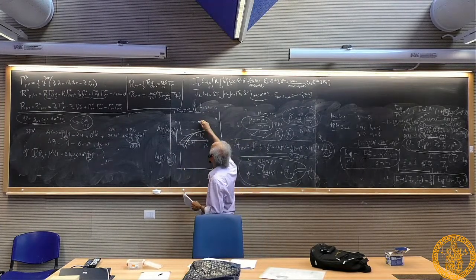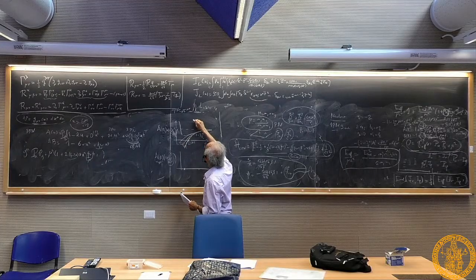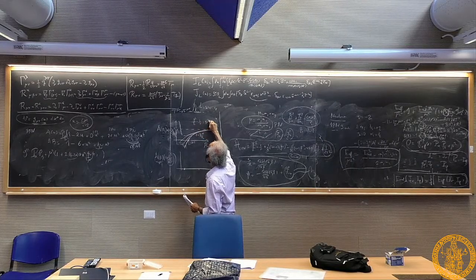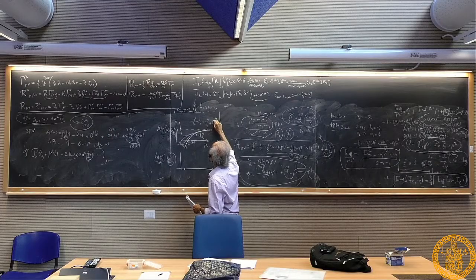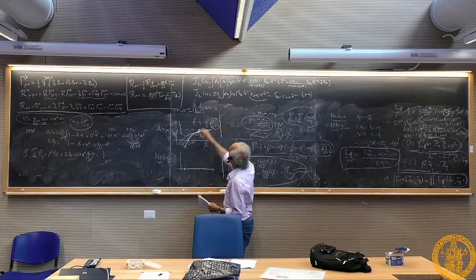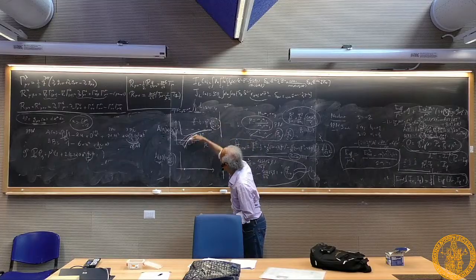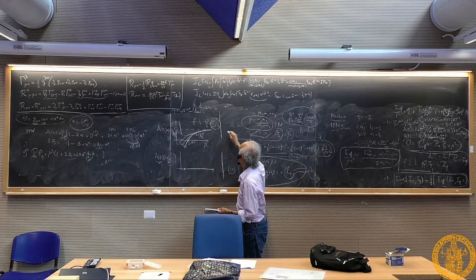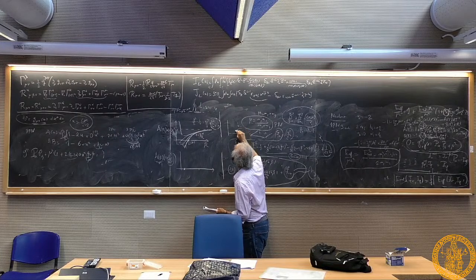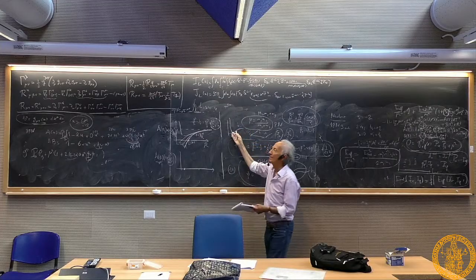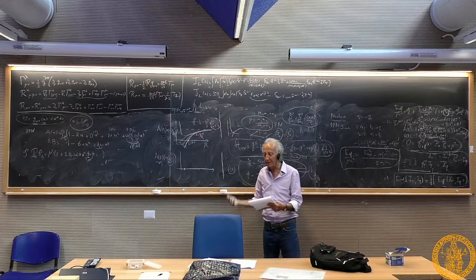Let me remind you that in Newtonian approximation, the Hamiltonian is P square over 2 minus 1 over R. And then I can say this is P_R square, the radial part, plus the centrifugal part, L square over 2R square, minus 1 over R. So the effective potential for radial motion is minus 1 over R plus L square over 2R square, and they combine to make orbits going around an attractive mass.